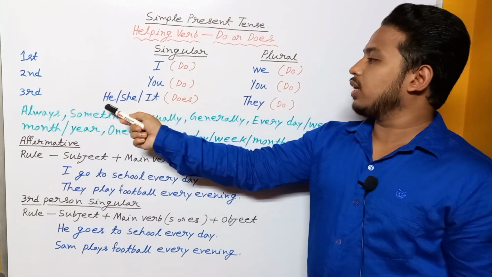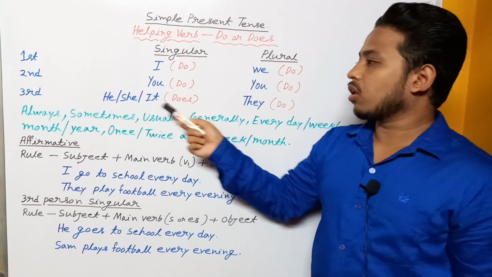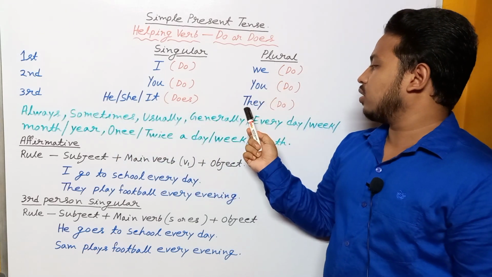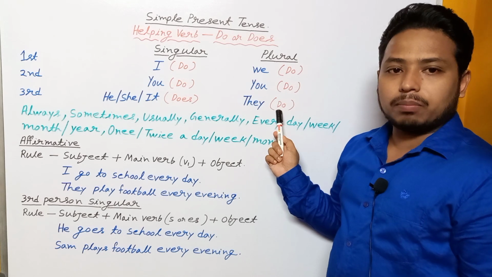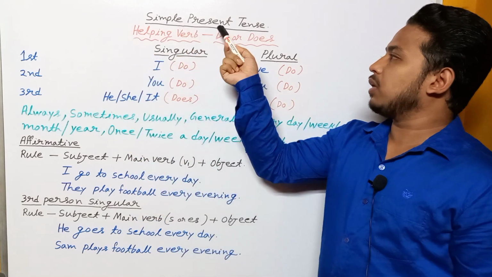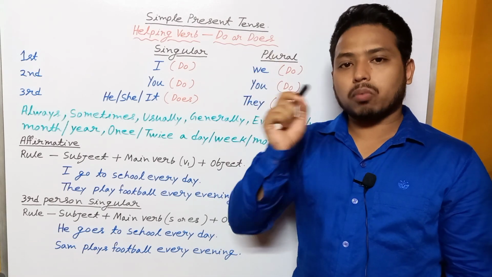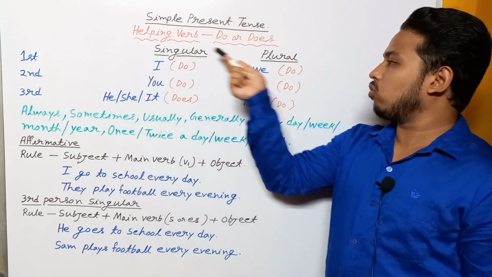Third person singular he, she, it, we use does helping verb. Third person plural they, we use do helping verb. So it is a format of simple present tense. When we want to use do, does helping verb with pronoun, then we will follow the format.